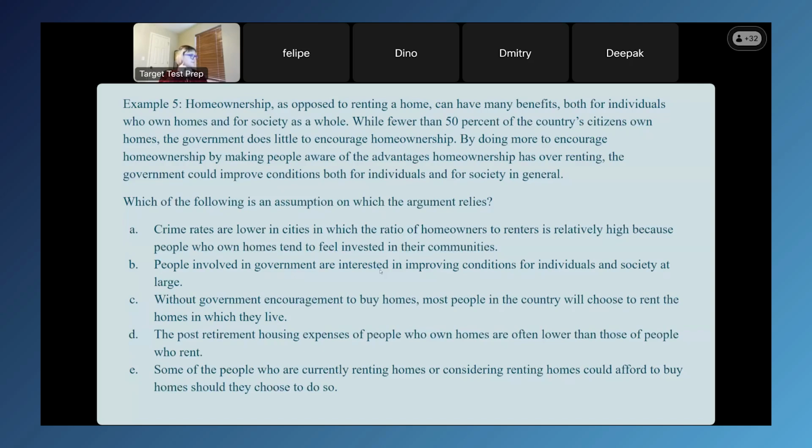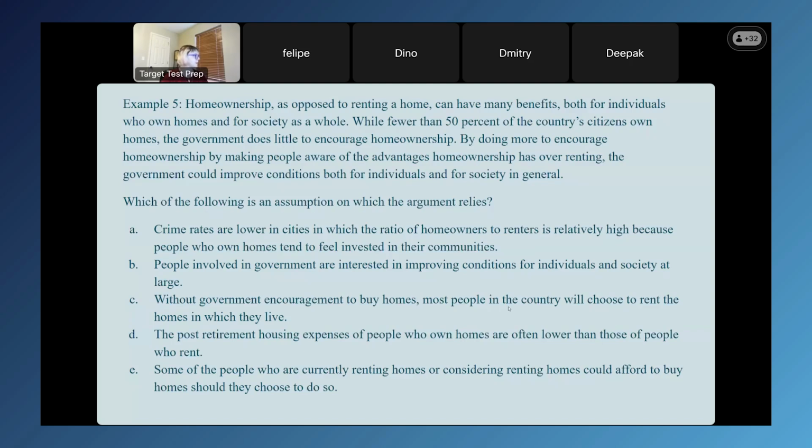If we negate it, without government encouragement to buy homes, most people in the country will not choose to rent the homes in which they live, the argument just does not hinge on this. This is more like a summation of what could potentially be a conclusion for these facts.